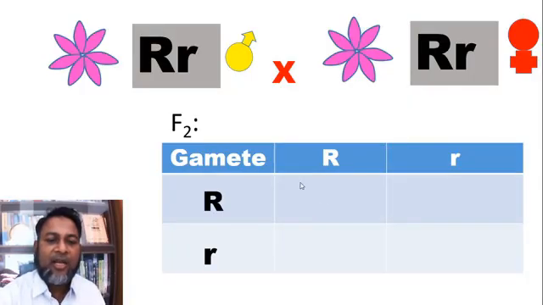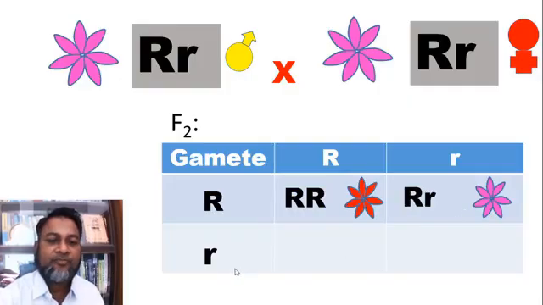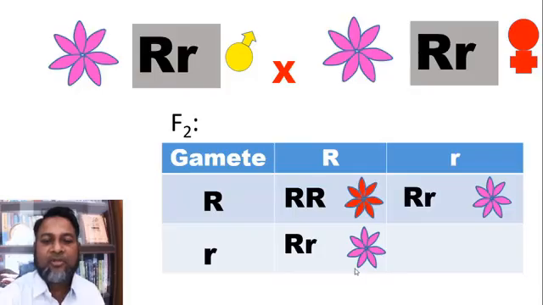When capital R and capital R are mated, they produce red flower. When capital R and small r are mated, they produce pink flower. When small r and capital R are mated, they produce pink flower. When small r and small r are fertilized, they produce white flower.